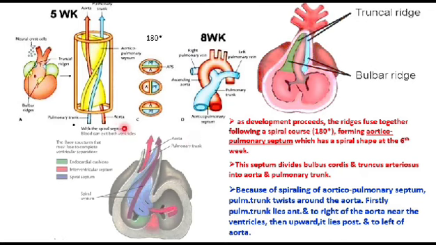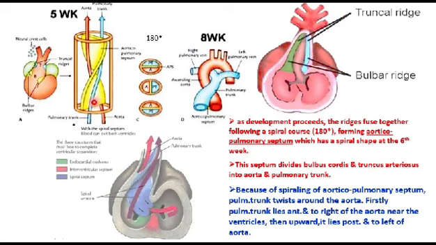Here we can see the twisting of the septum. This septum twists about 180 degrees, forming the spiral aorticopulmonary septum sometime around the 6th week, dividing the bulbus cordis and truncus arteriosus into the pulmonary trunk and the aorta.